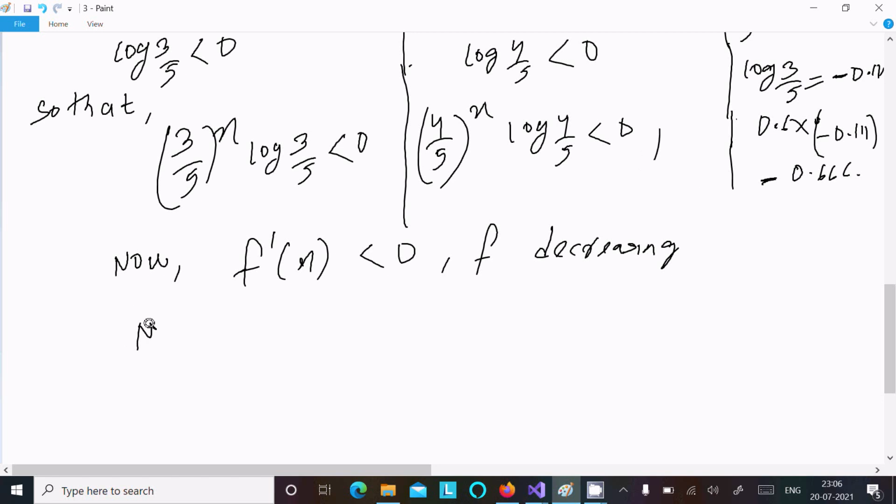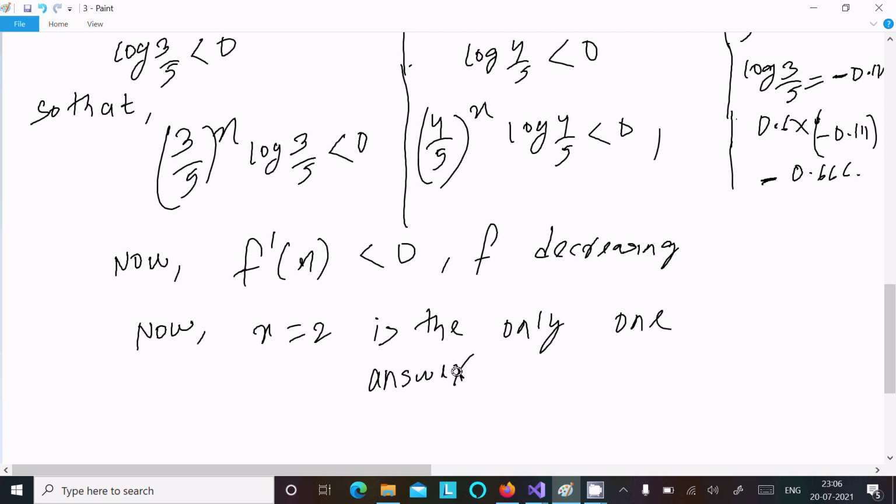Now x equal to 2 is the only one answer of this question. So it's proved.